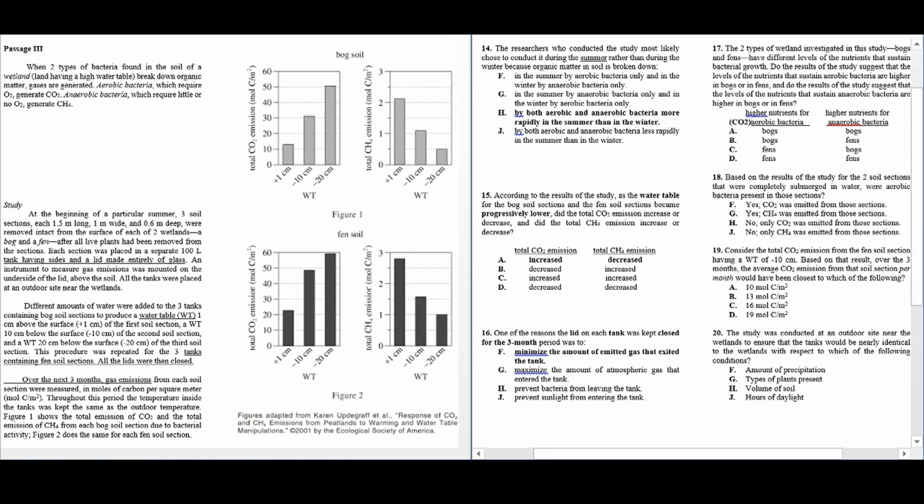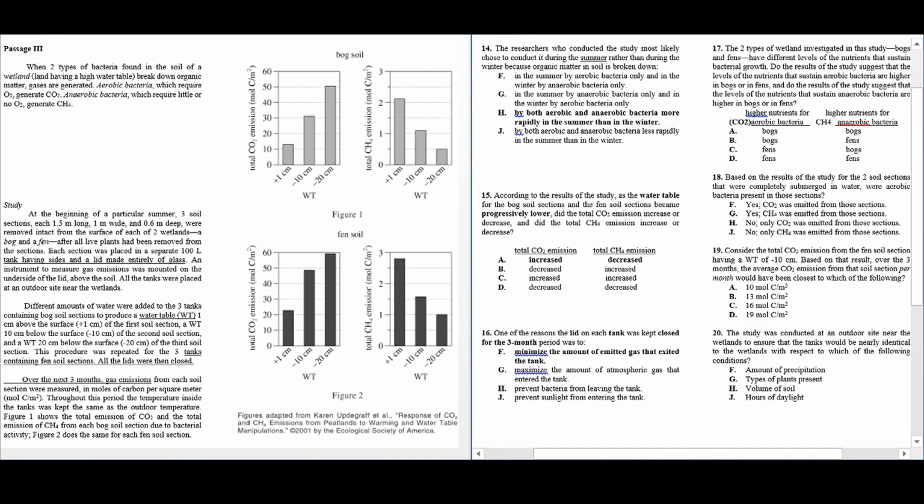And this is a good strategy to make sure you don't make a silly mistake when doing a graph reading question like this. So now we need to see how these measurements of CO2 and CH4 connect to higher nutrients. Now, because nutrients are what's being broken down and produced to generate gas, as we saw in that first sentence, you can assume that more gas emissions means higher nutrients.